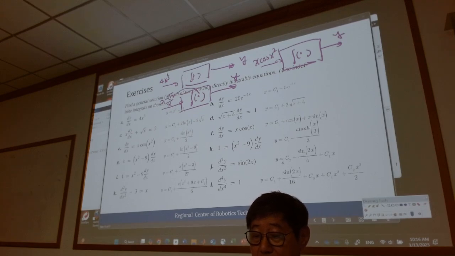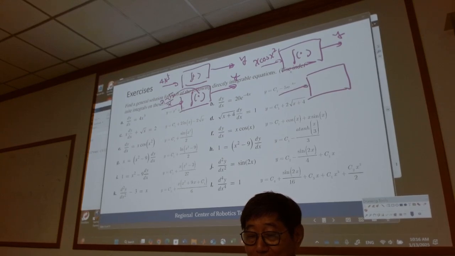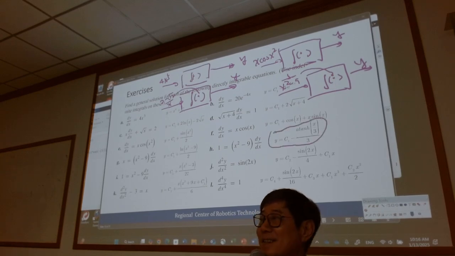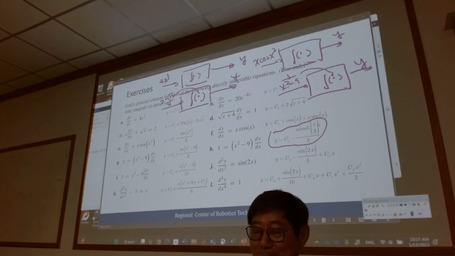I cannot integrate it myself, but you know the concept first.